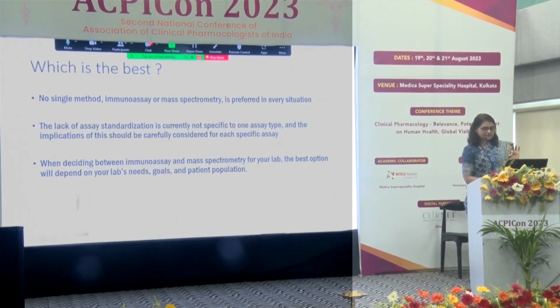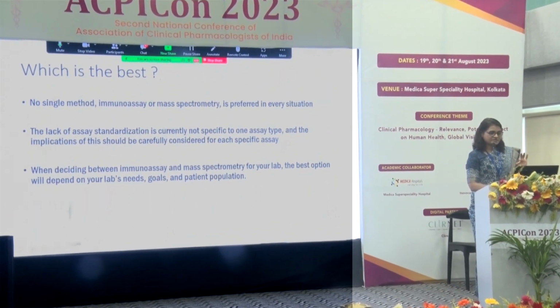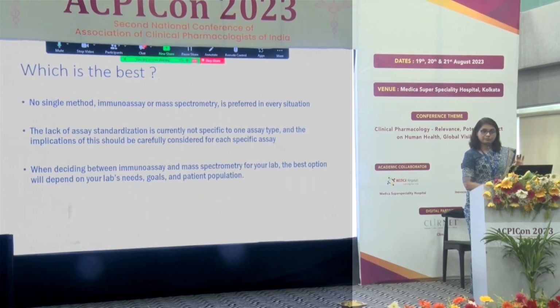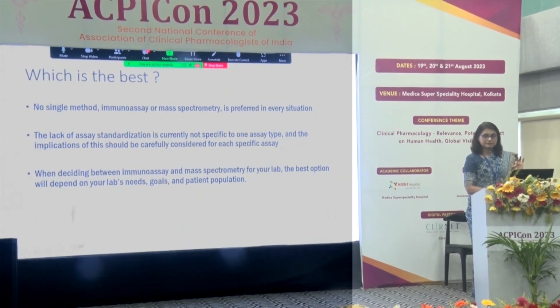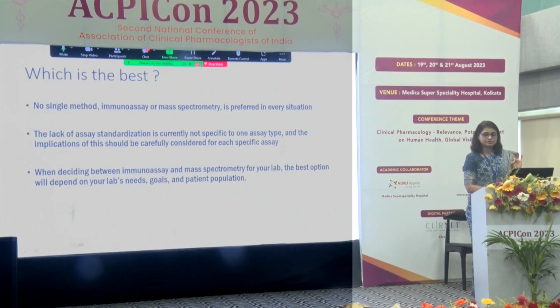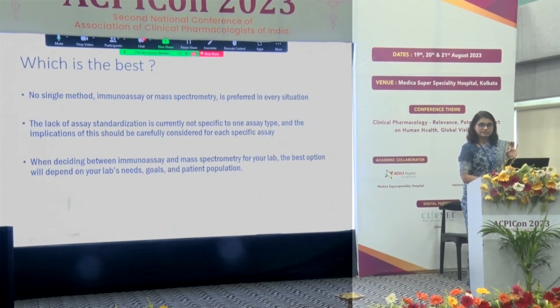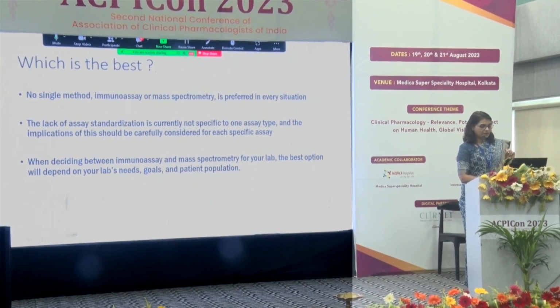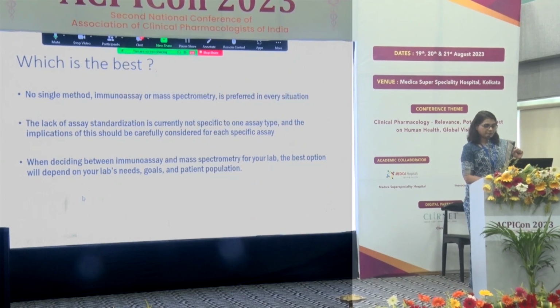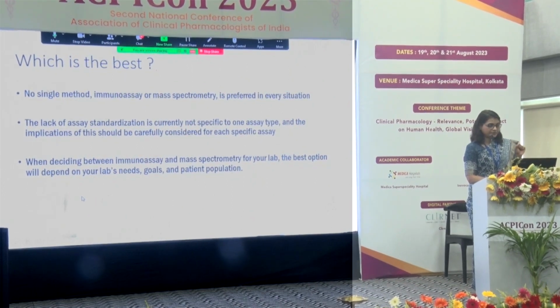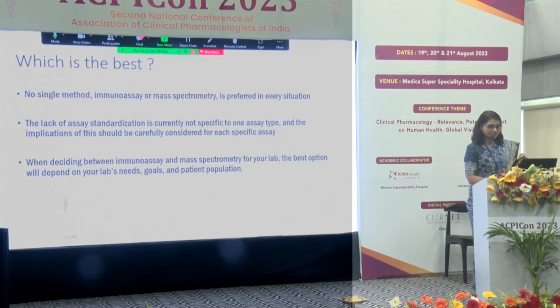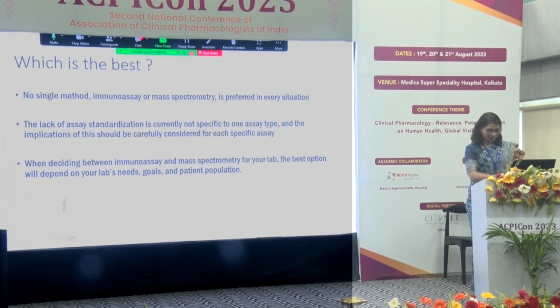Lack of assay standardization is currently not specific to one assay type, so you might have lack of assay standardization also in the immunoassay, and the implication of this should be carefully considered for each specific assay. Then I would like to really read, because each word is important. When deciding between immunoassay and mass spectrometry for your lab, the best option will depend on your lab's needs, goals, and the patient population.